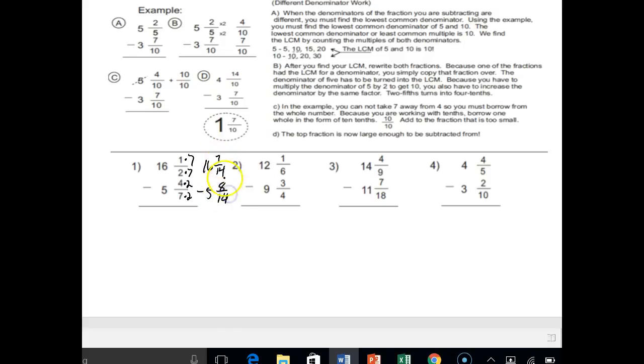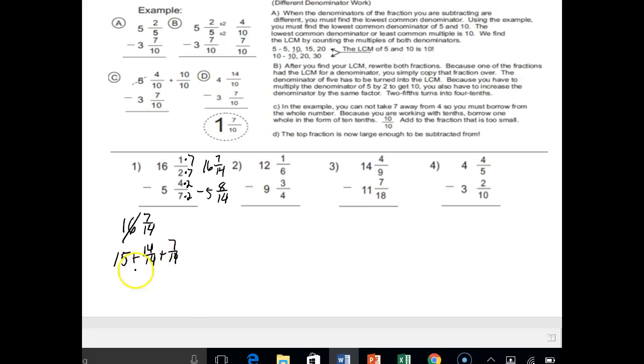So I can't do 7 minus 8, so this is where I have to borrow. So I'll say 16 and 7/14. I'm borrowing 1, so it becomes 15. How do I know what my whole number is? I look at the denominator, it's 14ths, so I'll say 14 over 14 plus 7 over 14.